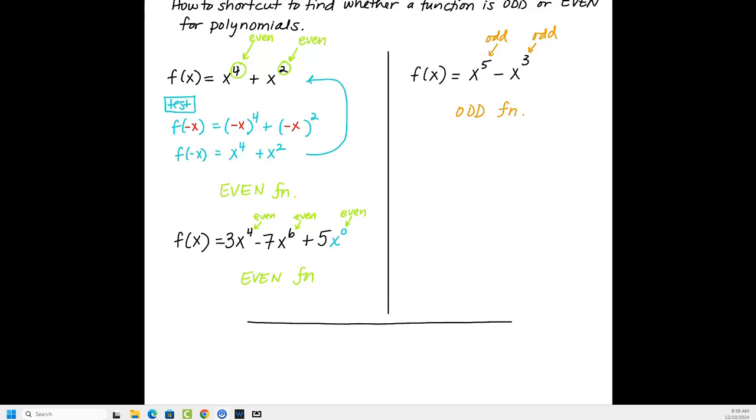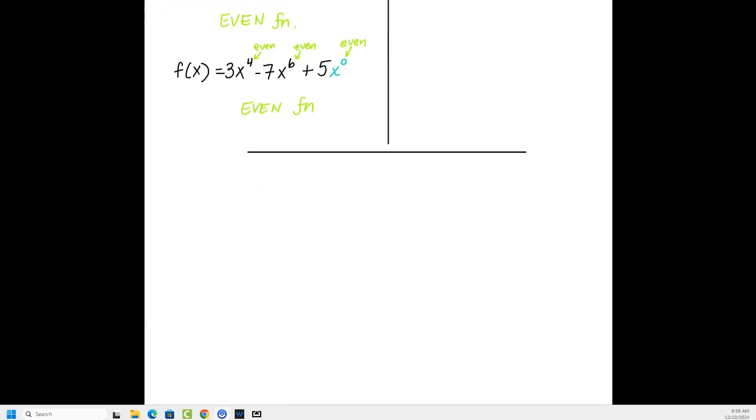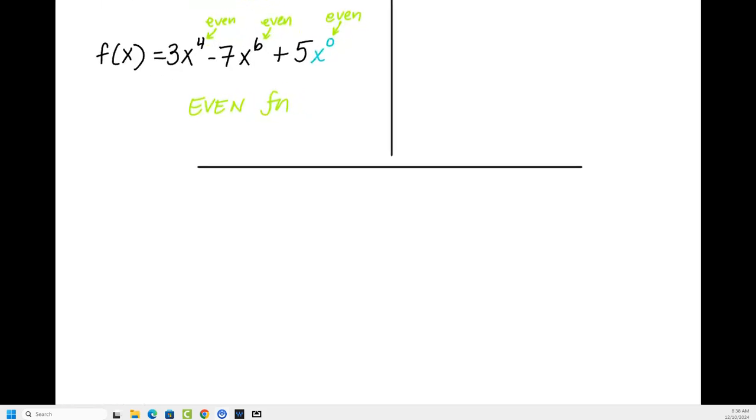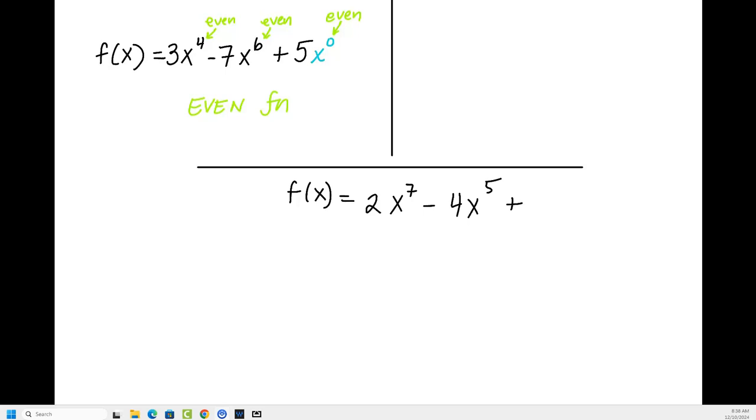let's do this here. Let me show you a couple that are not, though. I like to throw this one at students right away. So if I give you f of x is equal to 2x to the 7th minus 4x to the 5th plus 8. Okay, is that even or odd? Huh?